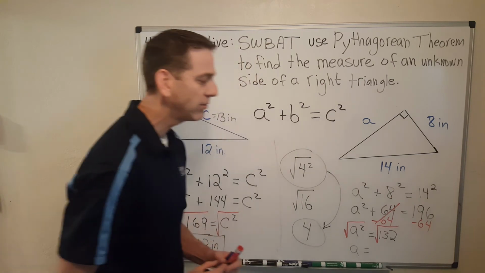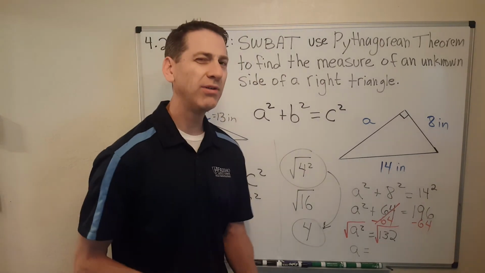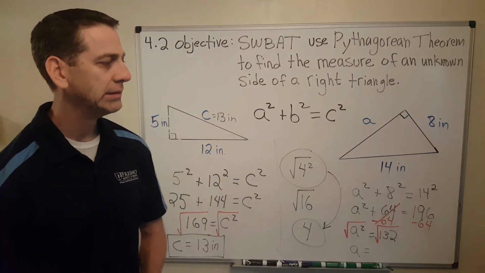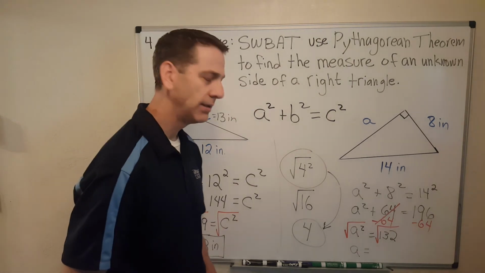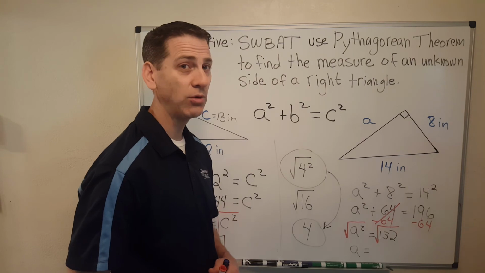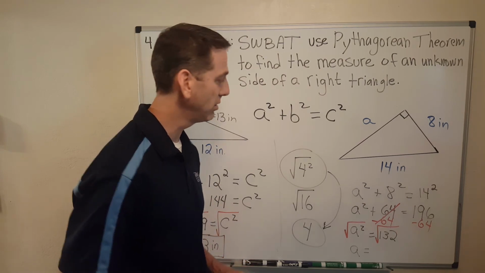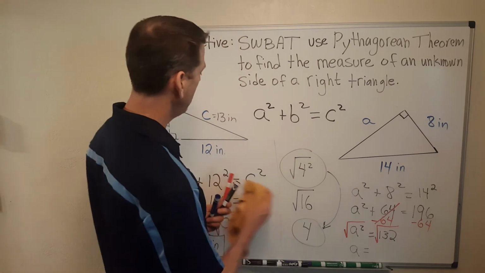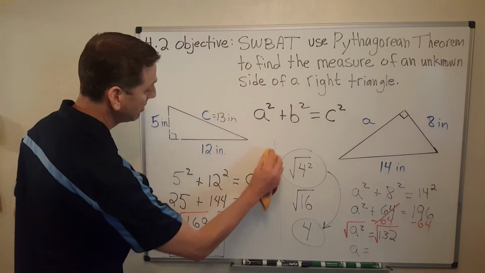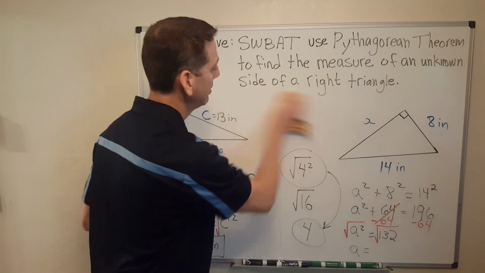equals, now what is the square root of 132? Well, if I have a calculator, I can just do that really quick. Let's say I don't have a calculator. What's the square root of 132? Well, I could find that out by, let's do that here.